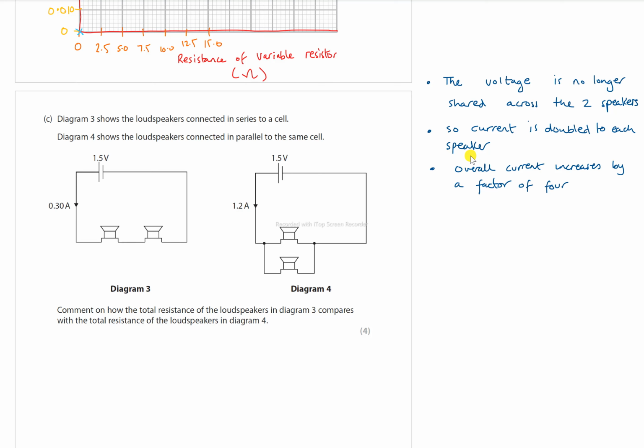So if you use R equals V over I, the overall resistance is 1/4 of diagram 3.